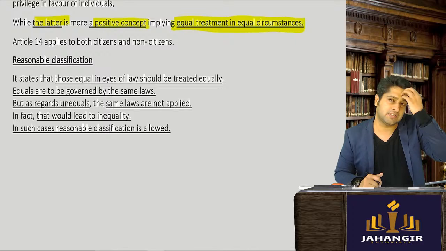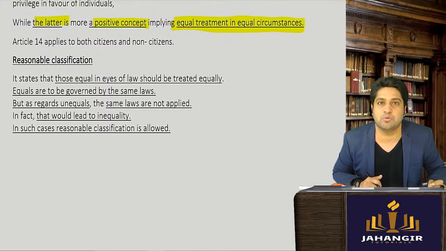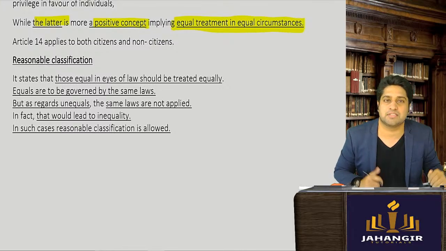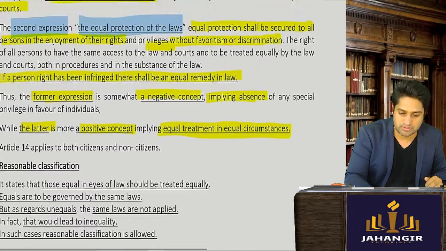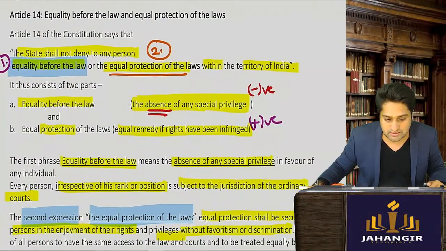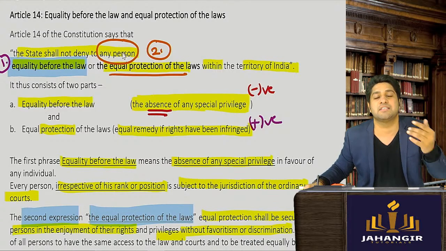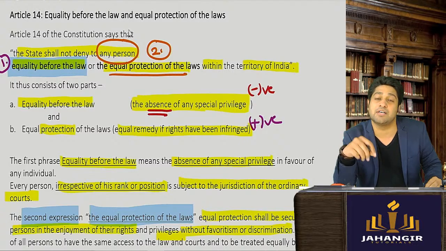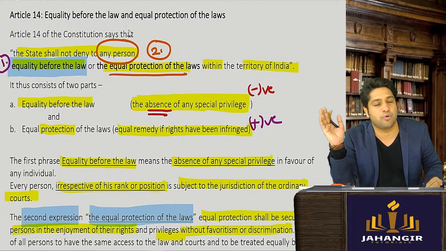Now the question is, does Article 14 apply to citizens only, or can even foreigners claim this right? When we see how the article says, the state shall not deny to any person. They have not used the word citizen. Whereas in Article 19, they use the word citizens will get the following rights.